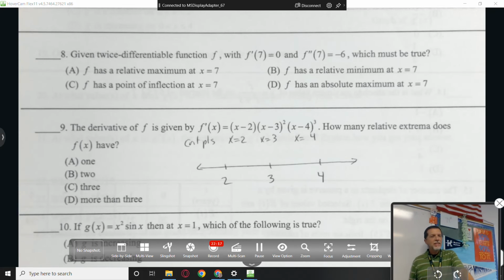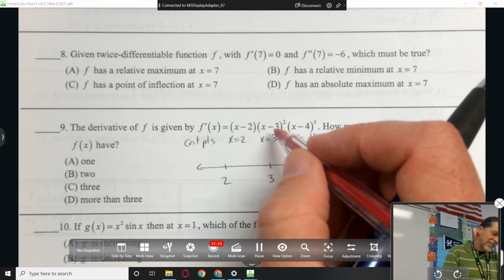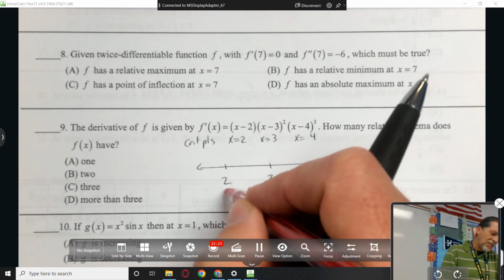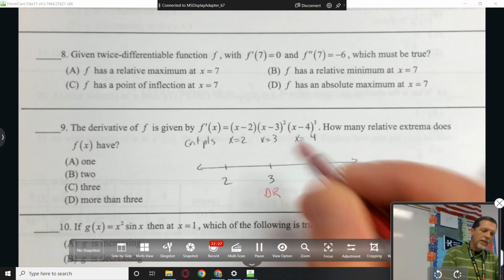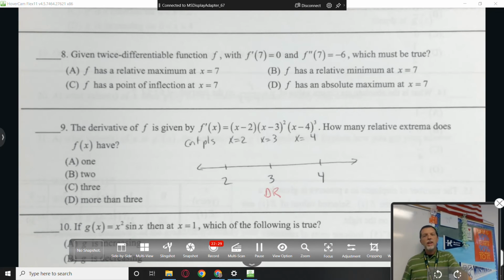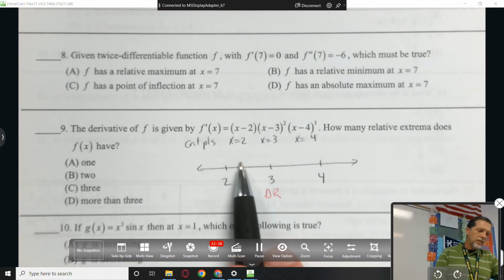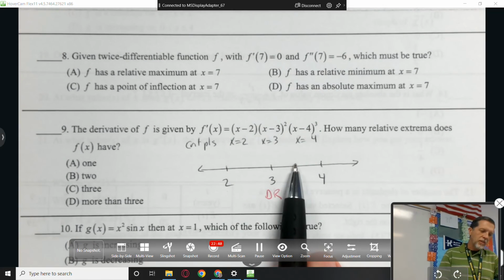Or, how can I avoid checking the intervals? You can count how many odd roots there are, or odd powers. Yeah, 2 is an odd root, 3 is a double root. So 3 is not going to be a relative extrema. Because if it's positive to the left of 3, it's going to be positive to the right of 3.